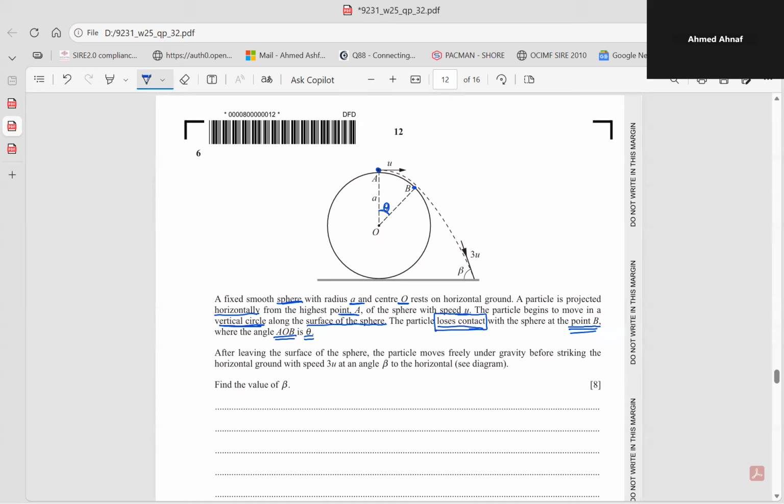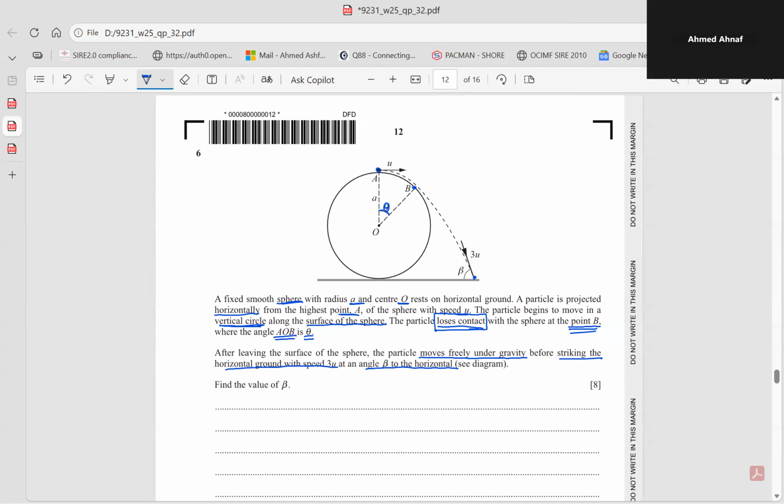And after leaving the surface of the sphere, the particle moves freely under gravity before striking the horizontal ground with speed 3u at an angle beta to the horizontal. So this is the part that they're talking about. Moves freely under gravity means this is purely projectile motion.